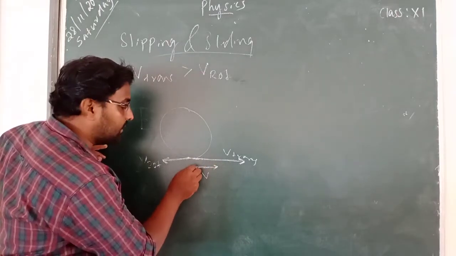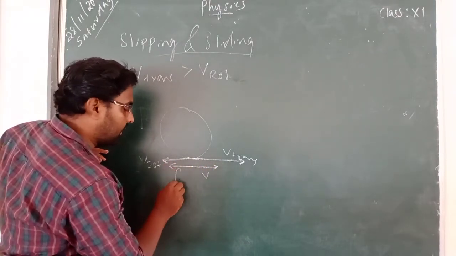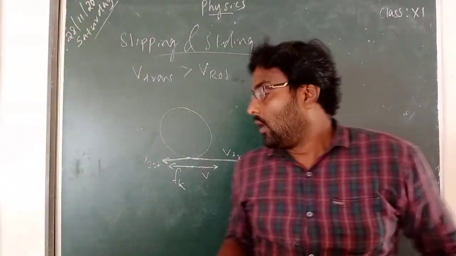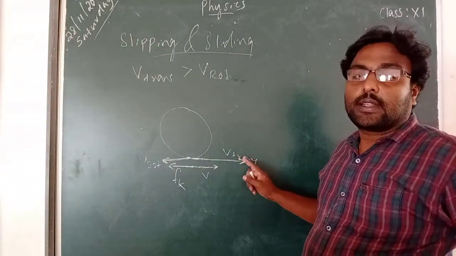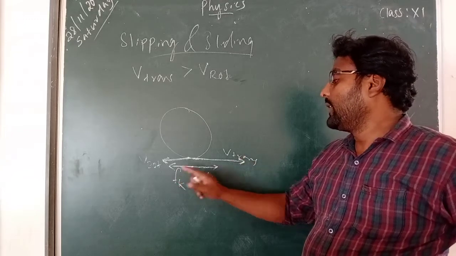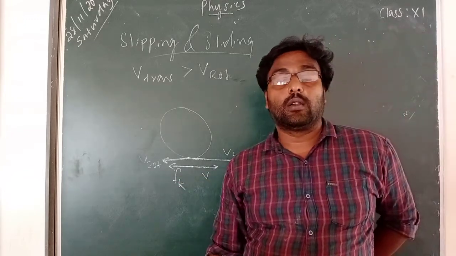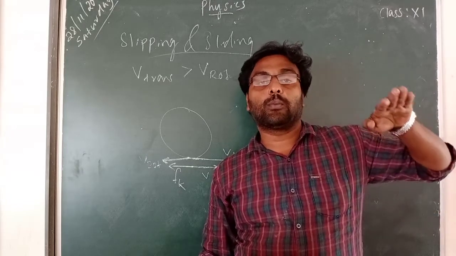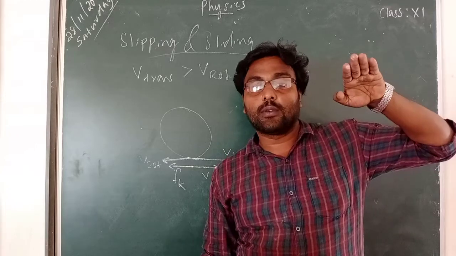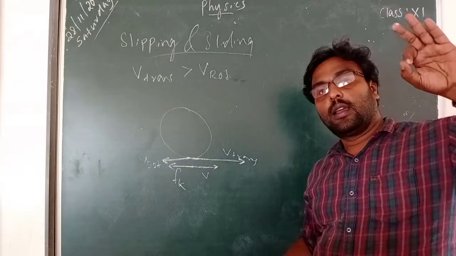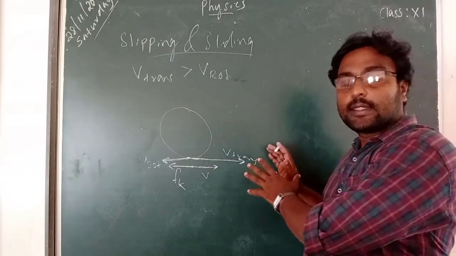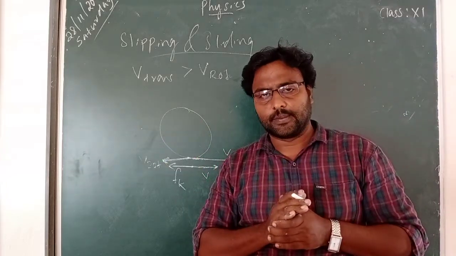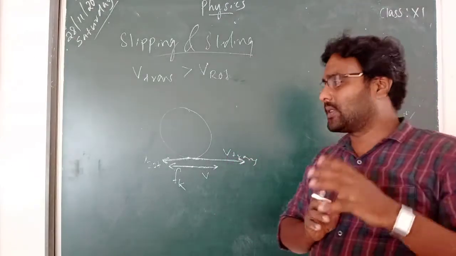To manage this, opposite to this translational motion there is a frictional force, with a coefficient of friction. This frictional force is increasing until the translational motion and the rotational motion become the same. So this is the concept.